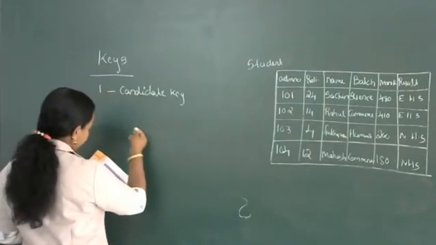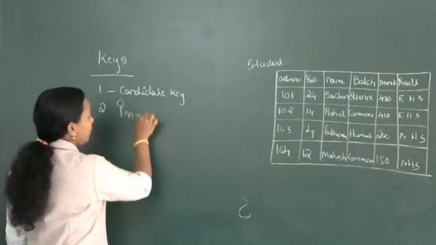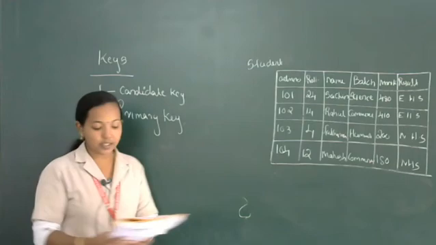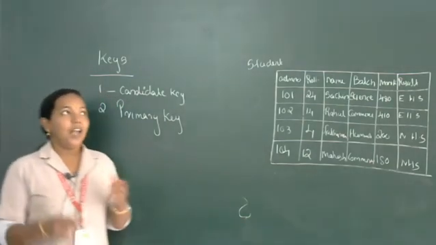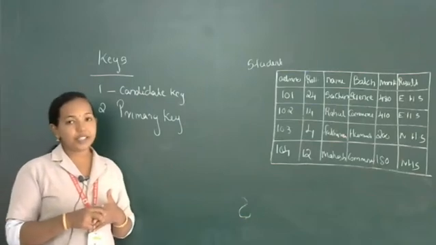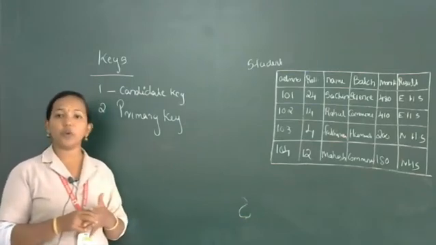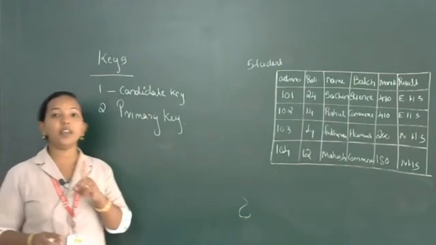Then next, second key is primary key. It's very, very important, because after this chapter we are going to start our next programming section, SQL, structured query language. In structured query language you want to use one unique identifier.